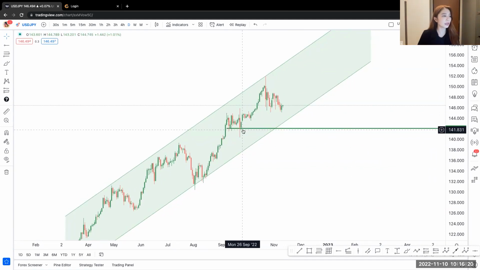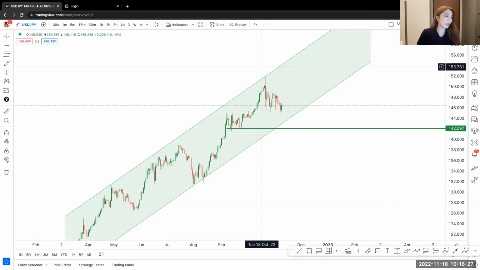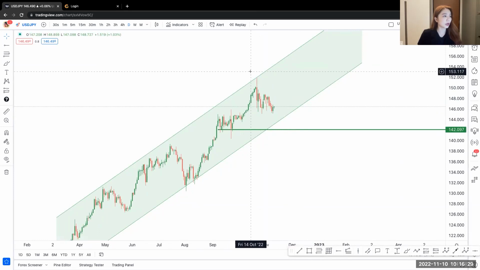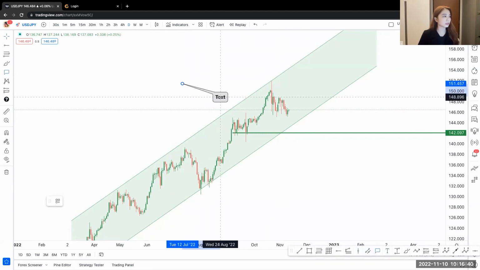And then we are looking at a basic supporting line at price 142.097. All right, and then we can see that price did touch the top of our channel that we drew on the daily. Let me just annotate this, it will be slightly easier for you guys.